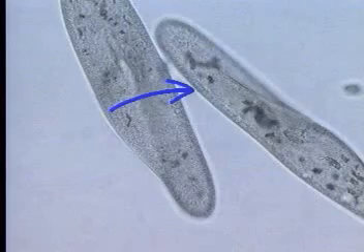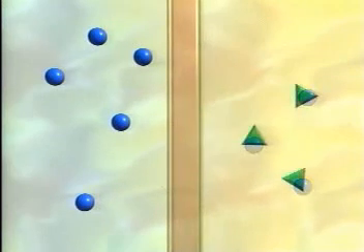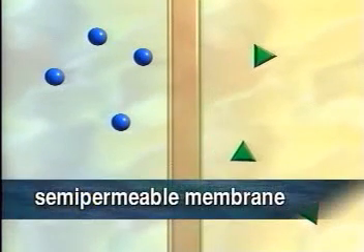It encloses the cell, keeps it stable inside. Exactly. The membrane regulates the materials that enter and leave. It allows certain molecules and ions to cross into the cell or move out of it. And because it only permits certain materials through, the membrane is called semi-permeable.